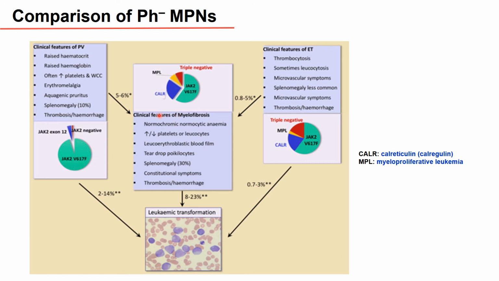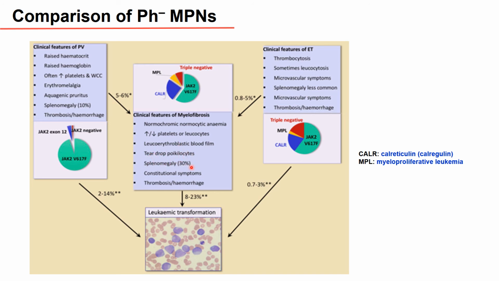In another, when we do have the myelofibrosis, the platelet count usually decreases, the leukocyte count decreases, and if you look at the shape of the red blood cells, they do have teardrop red blood cells.